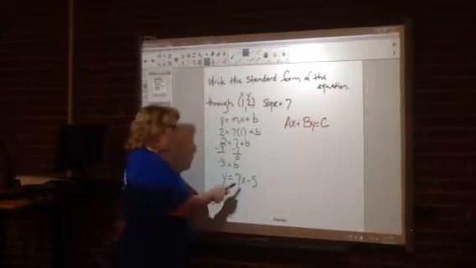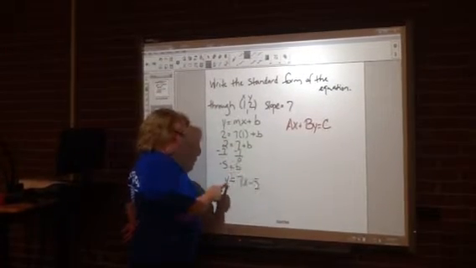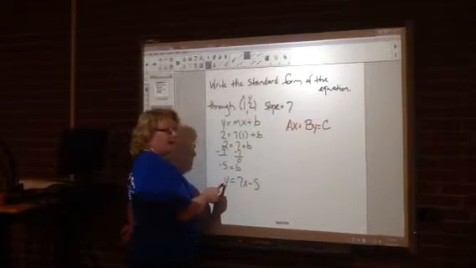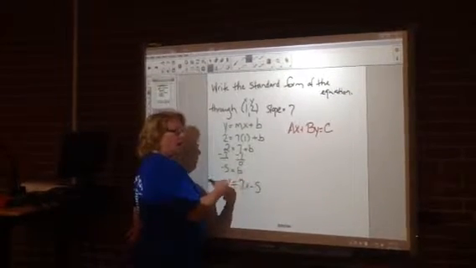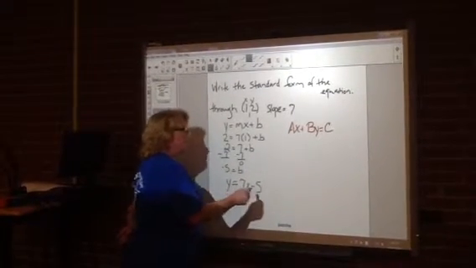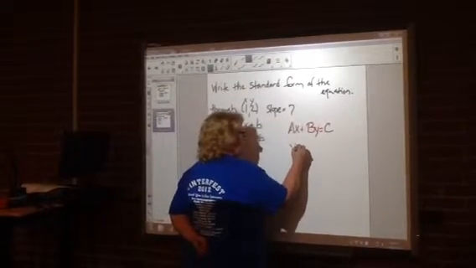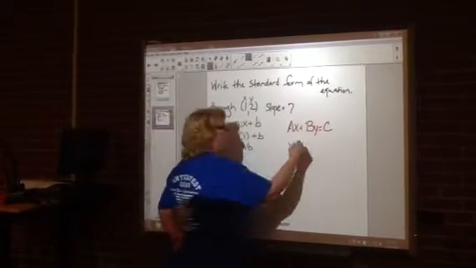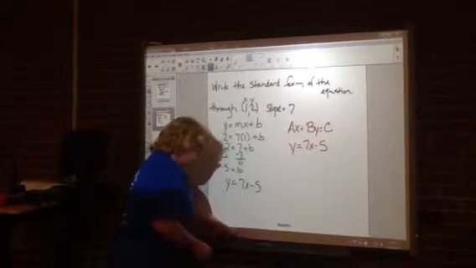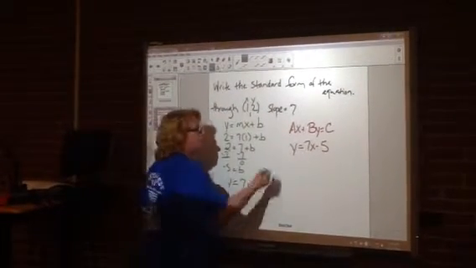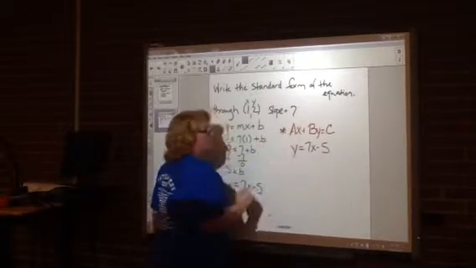So we have to notice that we have the y on this side of the equal mark, but we don't have this x term on the left side. So we're going to take this slope-intercept form equation, and we're going to start moving it around so that we can eventually get this right here. Okay?